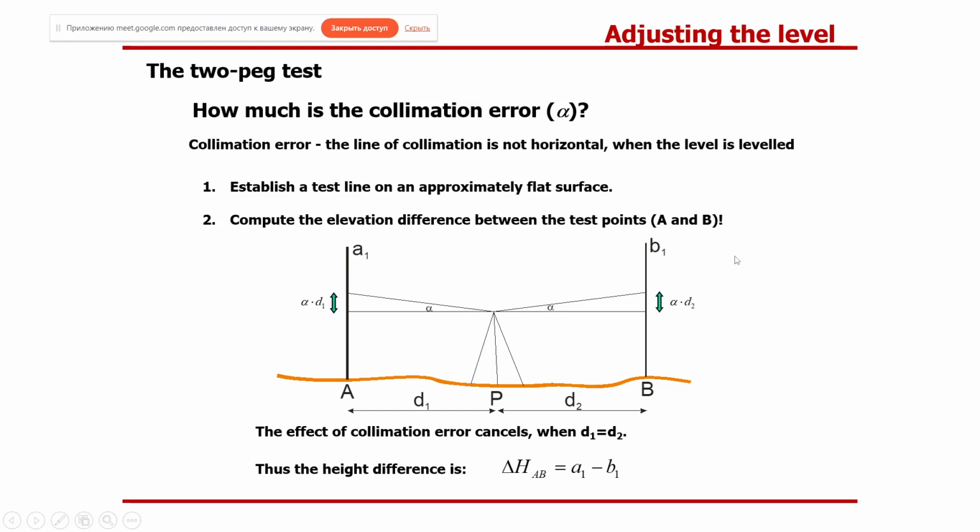Then compute the elevation difference between test points A and B. And then the effect of collimation errors: when the shoulders D1 and D2, so-called shoulders of the station, are equal, the height difference is not very big, it does not go far from zero.